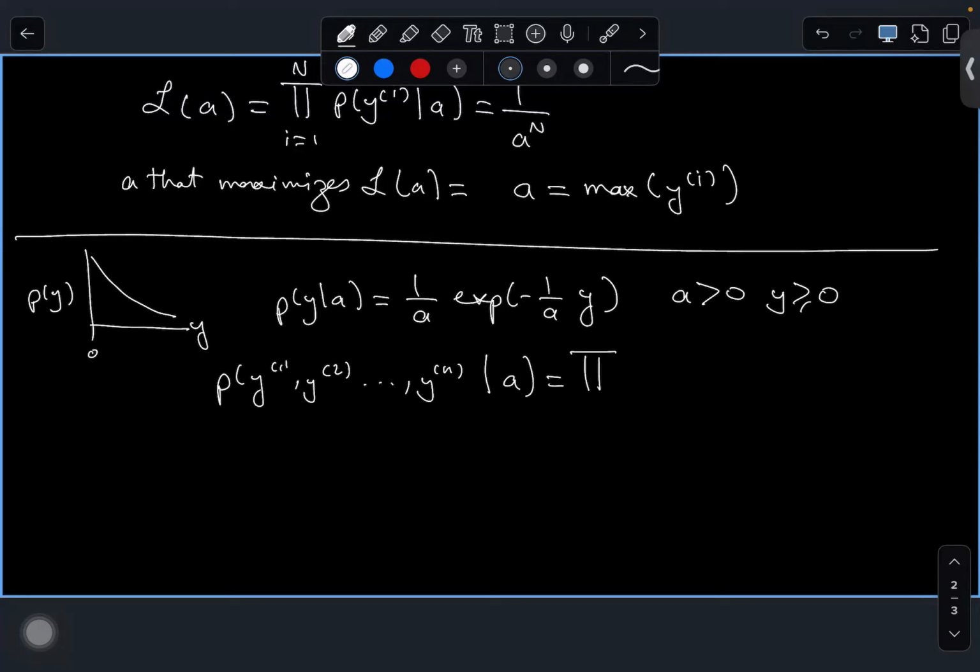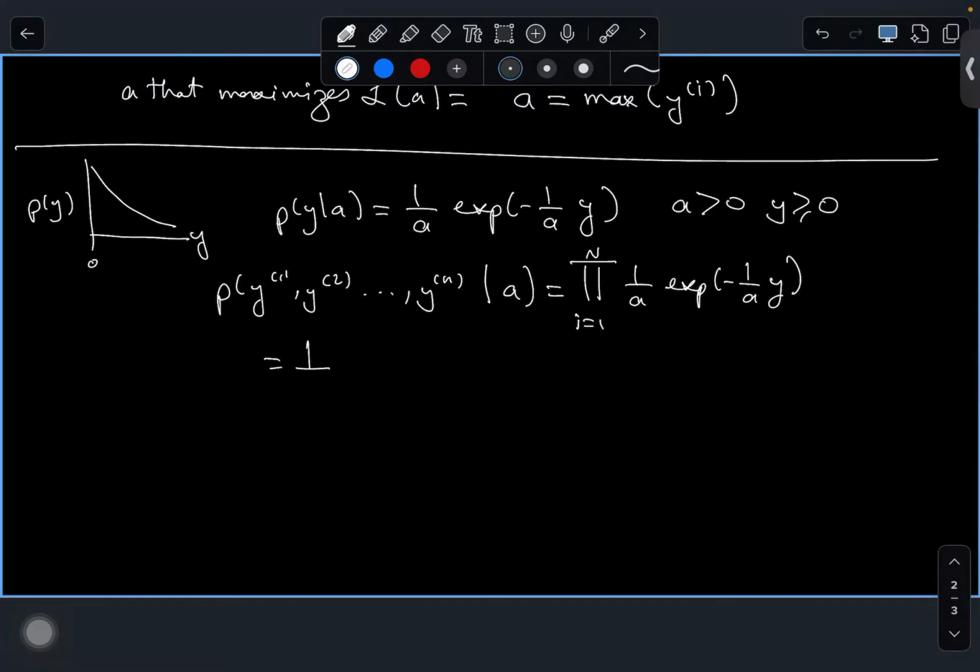That's a multiplication from i equal to 1 to n of each one of my little probabilities, 1 over A, which is equal to 1 over A raised to the power n times an exponential of a sum. Okay, so I want to find A that maximizes this likelihood.